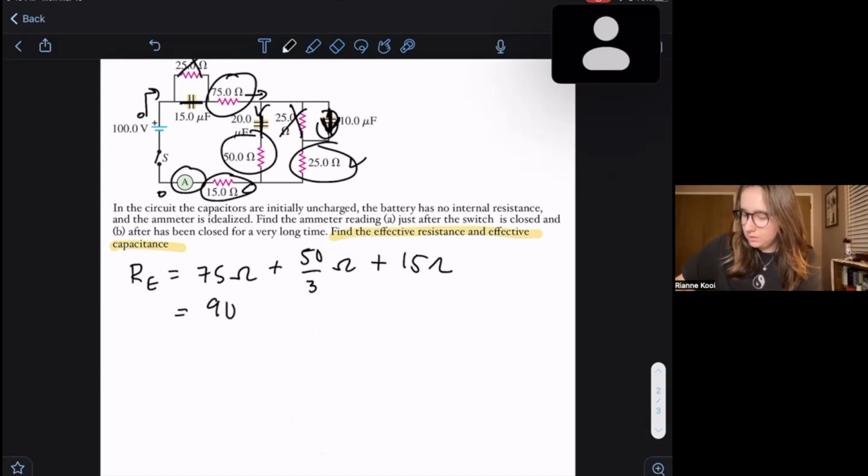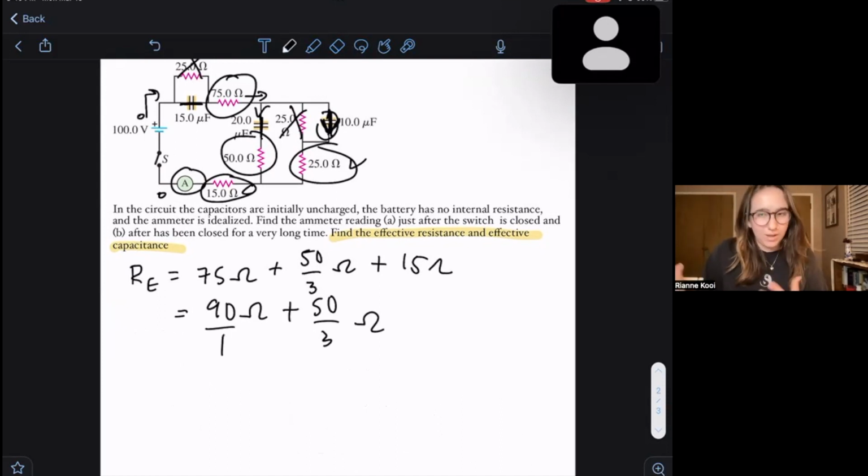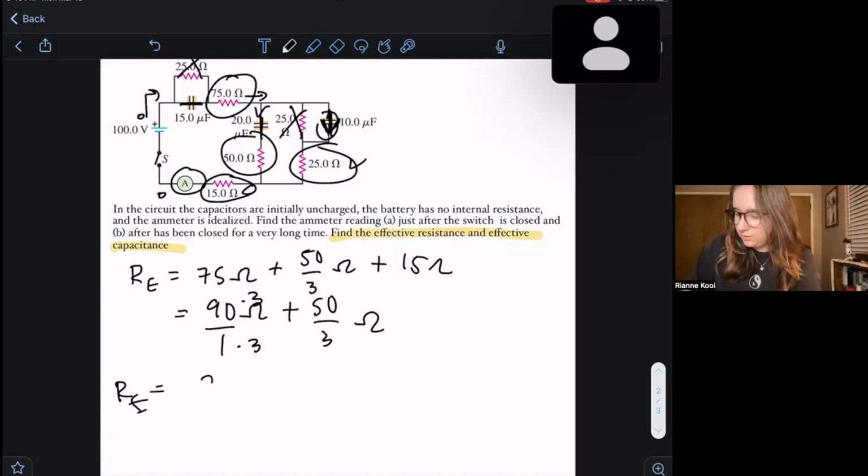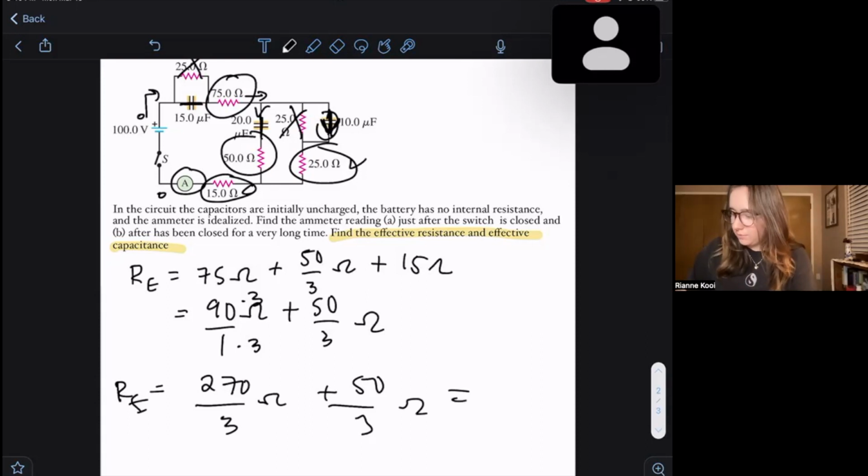So 90 ohms plus 50 over 3 ohms. I'm going to multiply this 90 over 1 ohm by 3. So then we have that our effective resistance is 270 over 3 ohms plus 50 over 3 ohms. And that gives us 320 over 3 ohms.